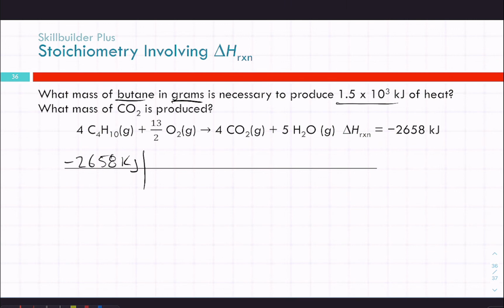All right, what's our first step here? Sorry, I wrote the wrong number down. This should be 1.5 times 10 to the 3 kilojoules. So the other way around, yes. So we want to know two things. We want to know the mass of butane that was necessary to produce that heat, and also the mass of CO2 that was produced.